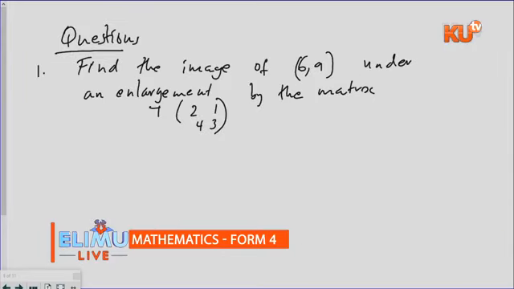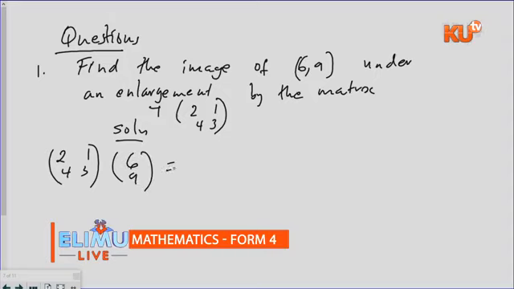This is where we are. So we'll take our matrix, which is 2, 1, 4, 3, and multiply this one by 6, 9. Again, remember, we are doing multiplication of matrices, and so on the basis of row by column. 2 by 6 gives us 12. We add 1 by 9 gives us 9.